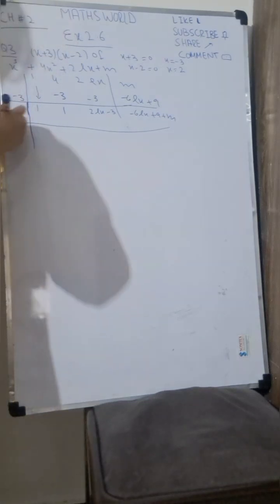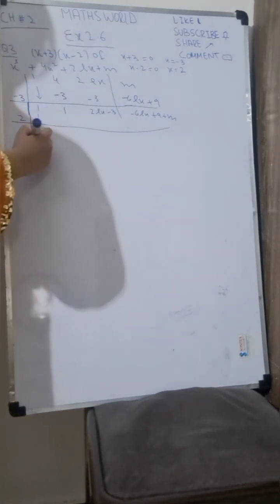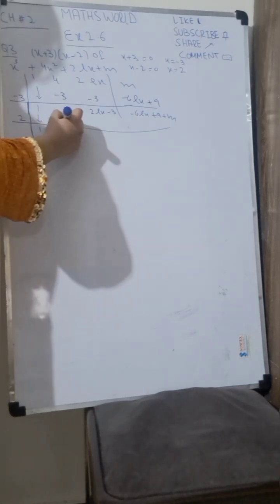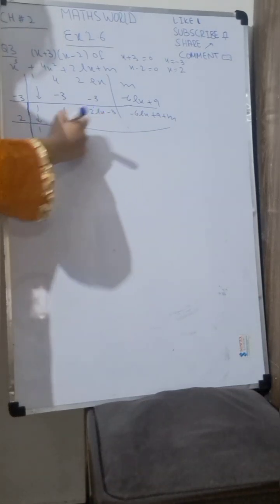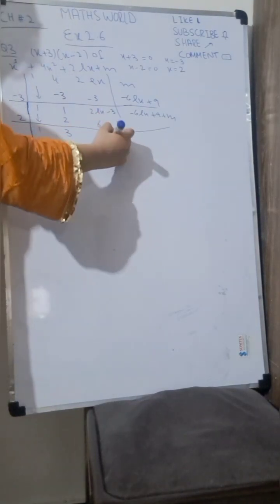Like this, you have got the factor that is 2. Here comes 1. So 2, then 3, then 2 threes are 6, and so on. So this is a factor addition.